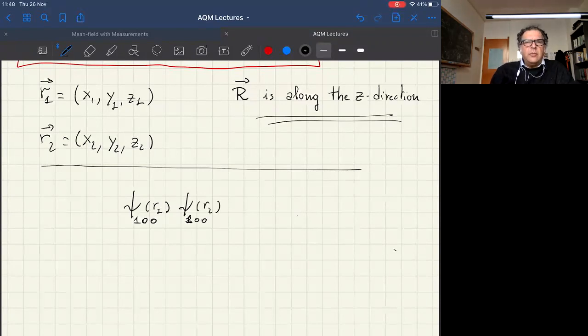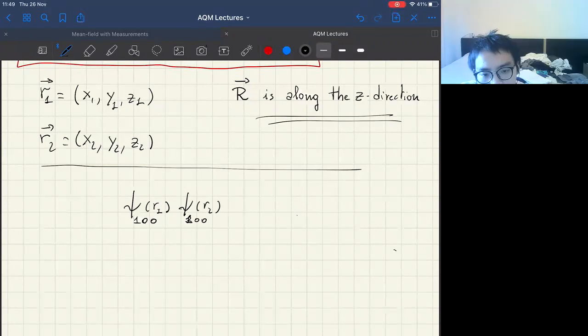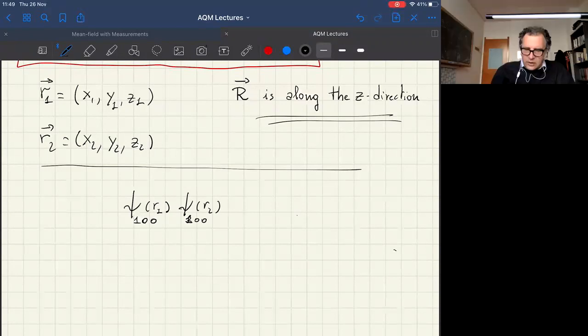Do you know about fermions and bosons and symmetry and antisymmetry? Yes. Okay. So this is symmetric. Since the two electrons are fermions, in order to antisymmetrize, we have to include also the spin part.